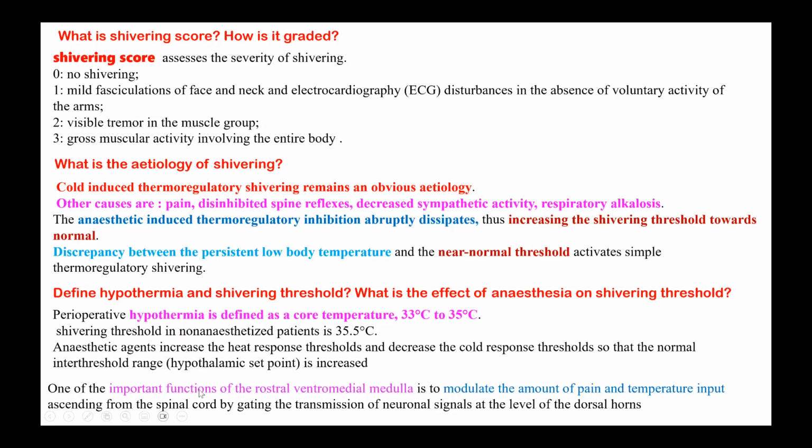And one of the important functions of the rostral ventral medulla is to modulate the amount of pain and temperature input, so taking proper care of pain is very important, and taking care of the temperature by all the devices that we use. These are the two reasons why we nowadays don't see that much post-spinal or post-anesthesia shivering in current practice.